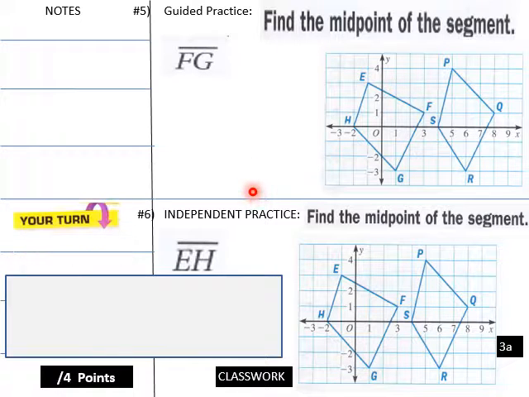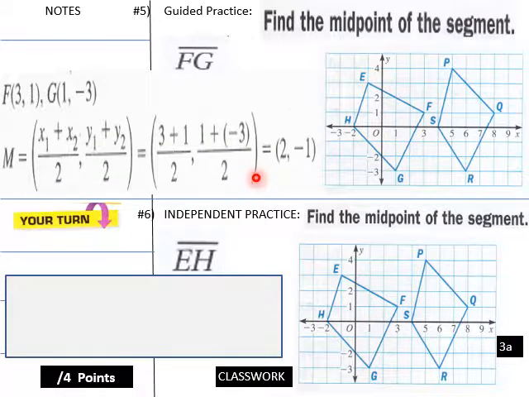To find the midpoint of FG, F is 3, 1. Here's our F here. It's when x equals 3, y equals 1. And then G would be when x equals 1, y equals negative 3. So we have our x's here: 3 plus 1 over 2 would be 2.